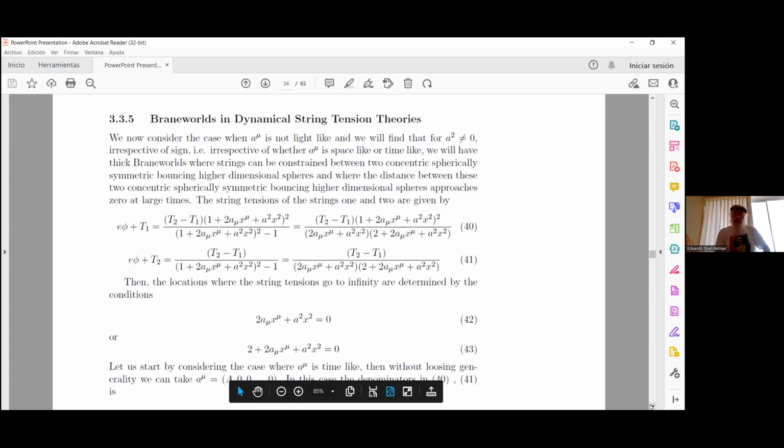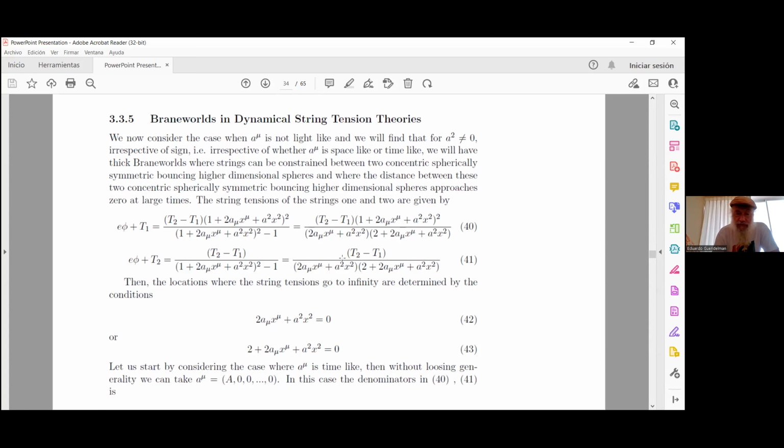Now, if you want to generate another kind of brane, which is not light-like, you just take A square non-zero, which can be time-like or space-like. Both give you a generation of branes. The string tensions in this case are these divided by these two denominators.